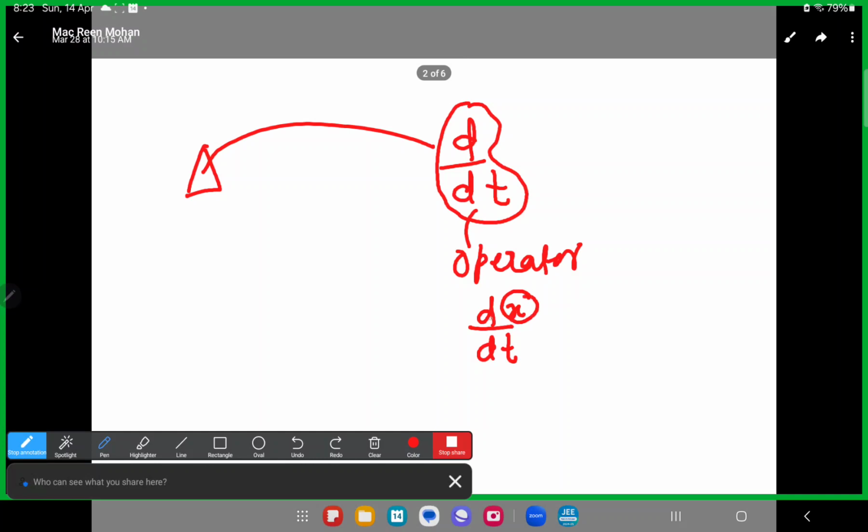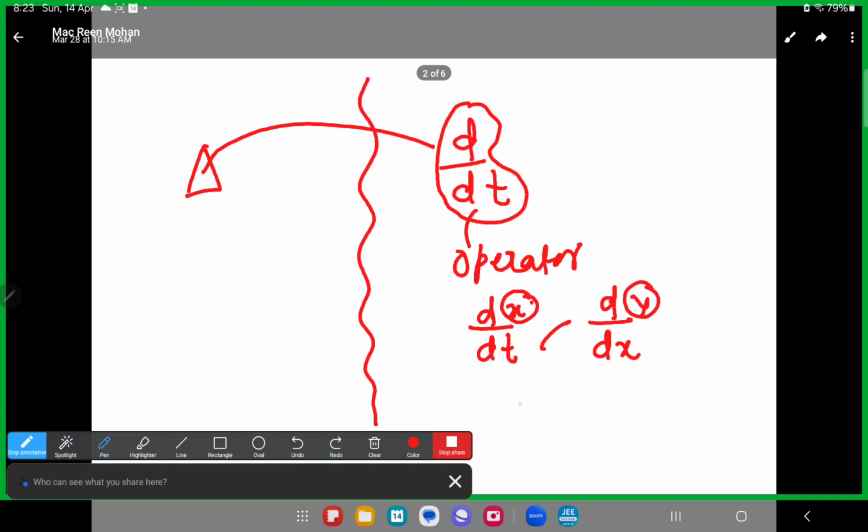It is read as differentiation of x with respect to t. Let's say d by dx of y. How will we read it? Differentiation of y with respect to x. So in this way, I think we can conclude this, and next we will surely discuss more in detail.